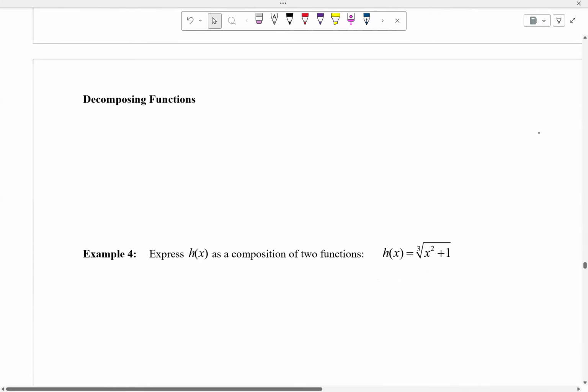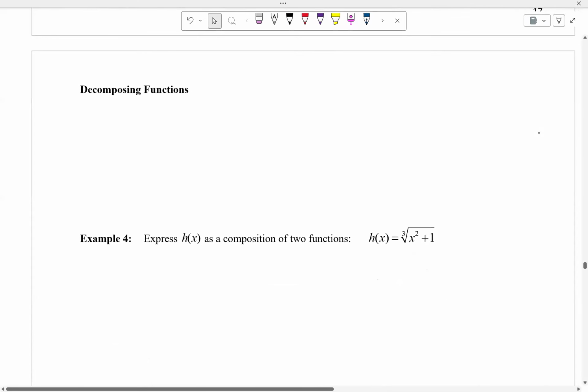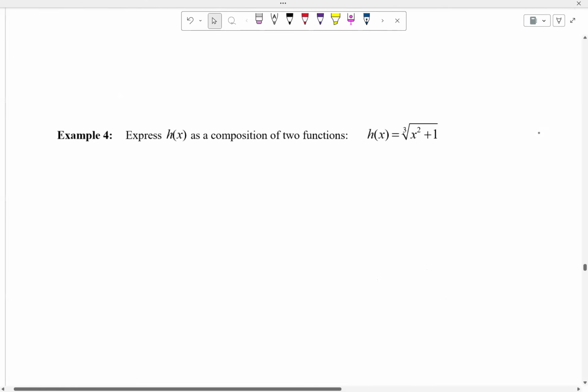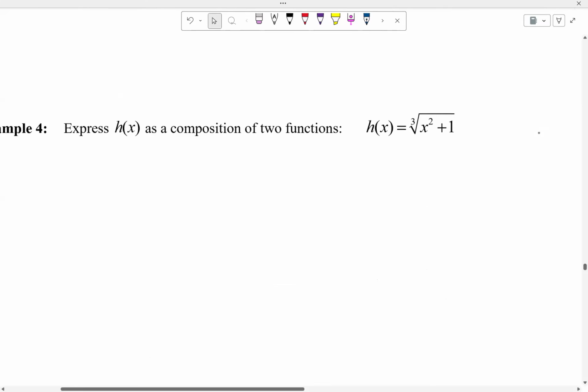Okay, last thing: decomposing functions. What that's saying is that we're going to give you a composite function, and it's up to you to break it up into 2 different functions. So here is a composite function. It's already given to you as h.